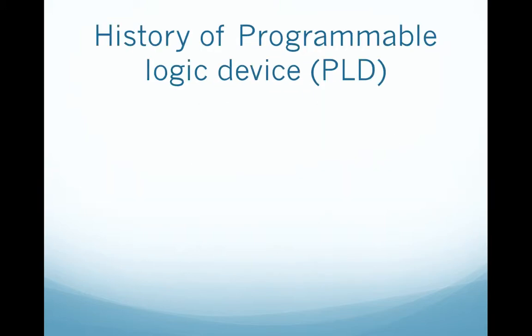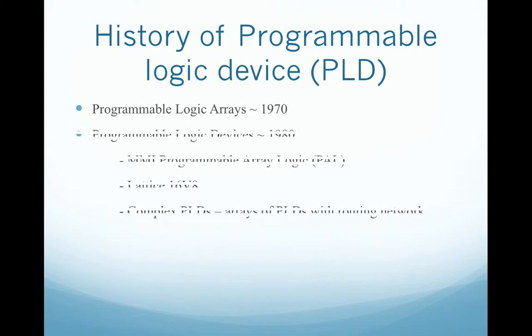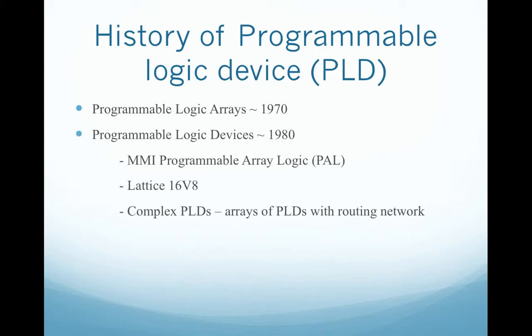Now we talk about the history of programmable logic devices. Programmable logic arrays started in 1970, but the programmable logic device itself was founded in 1980. The first one is the MMI programmable logic array, and then there is another, the Lattice 16V8, then complex PLDs, arrays of PLDs with a routing network.